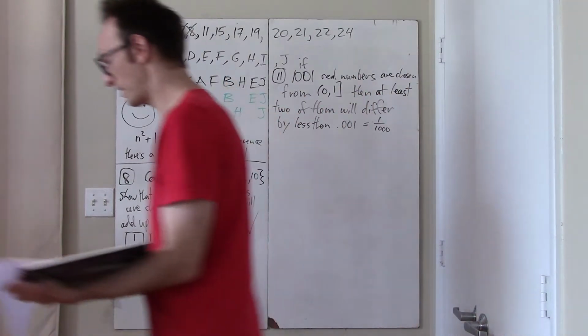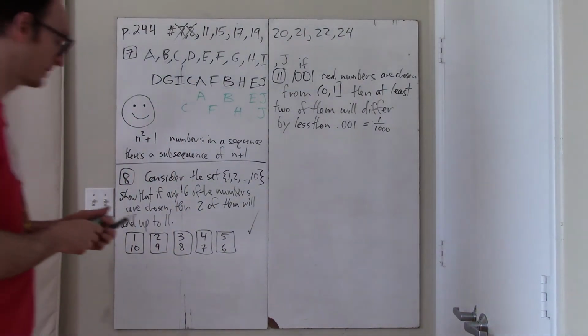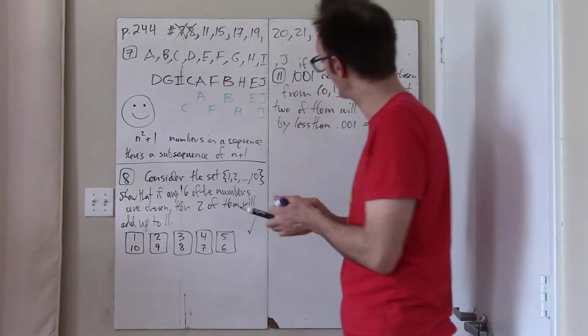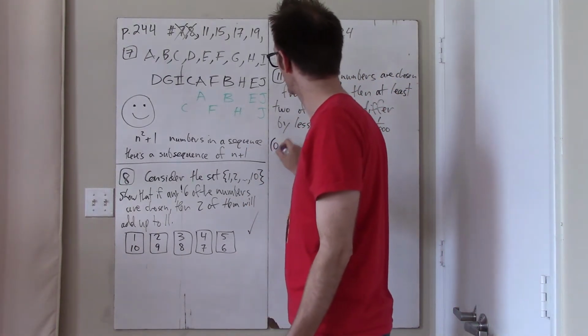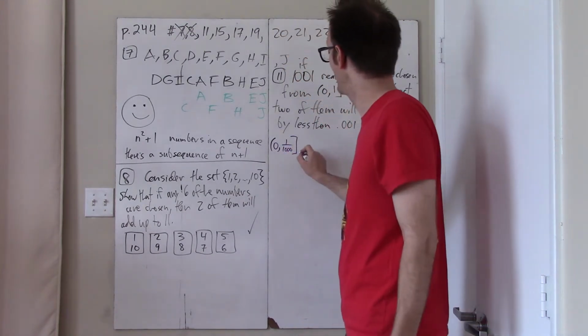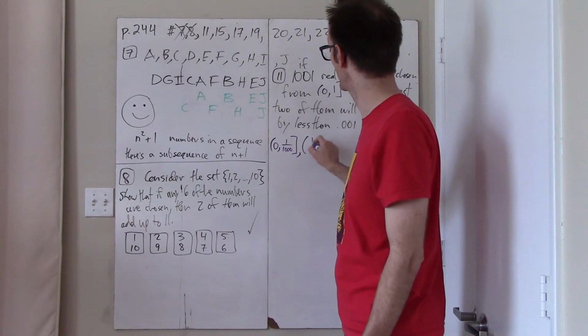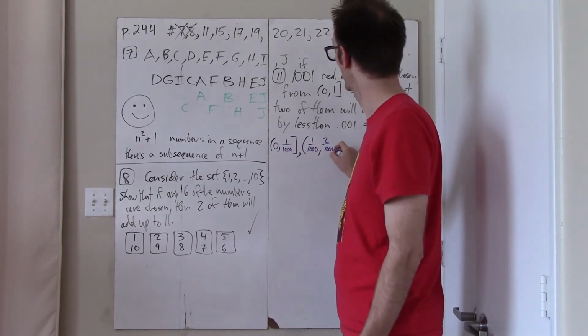Okay, and well, the way to do this is exactly like what we did in class. We just partitioned the real number line from 0 to 1 up into subintervals. And so you take everything from 0 to 1 over 1,000. And then the next subinterval is everything from 1 over 1,000 to 2 over 1,000.